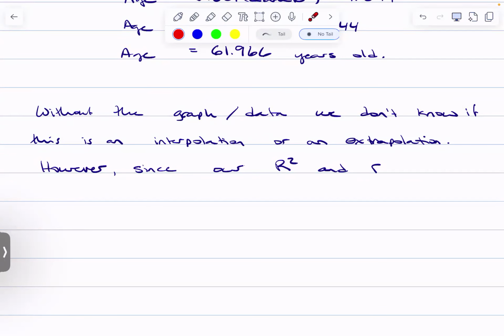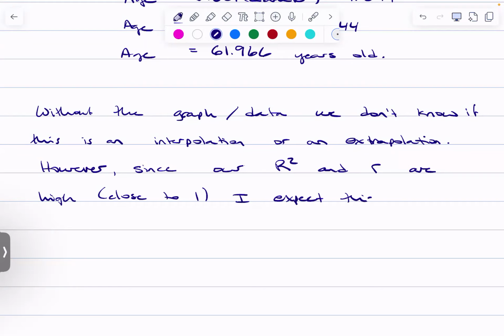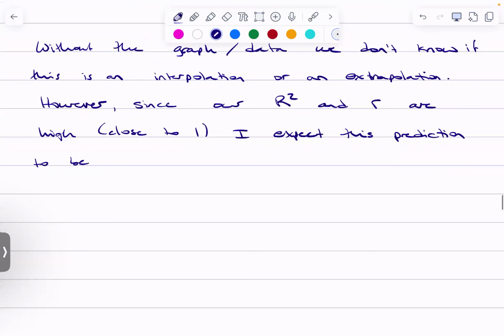And so since our R squared and R are high, which I mean close to 1, I expect this prediction to be reliable.